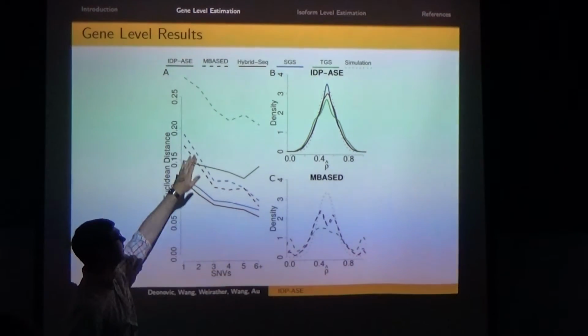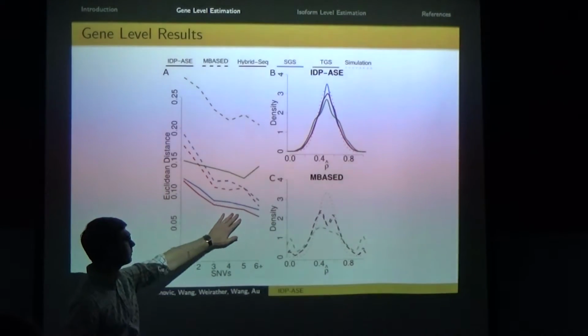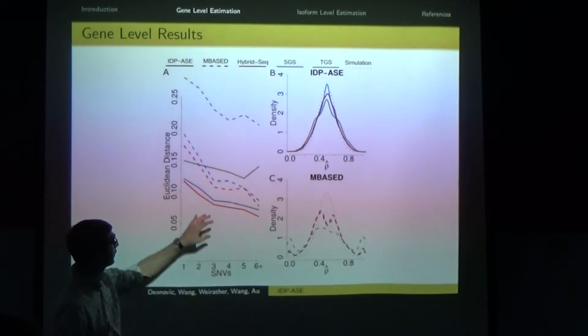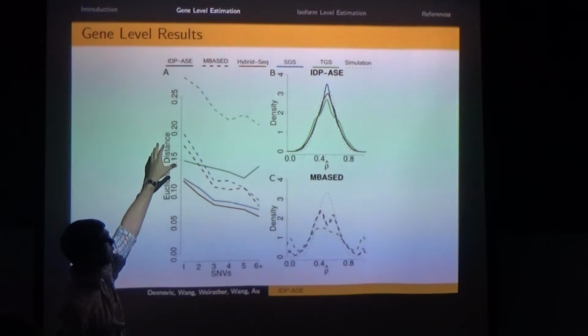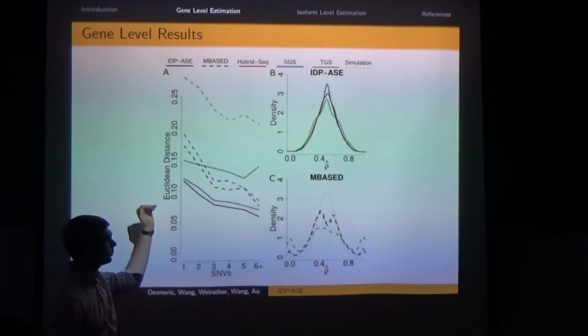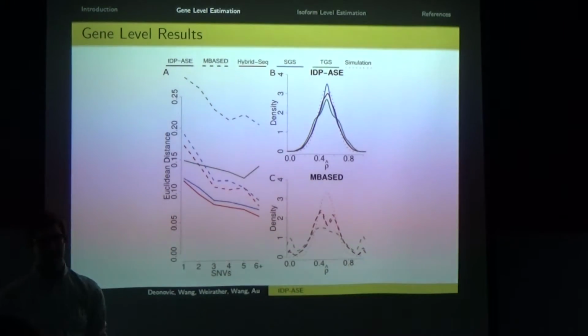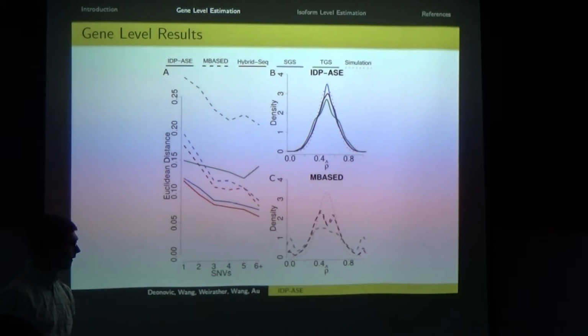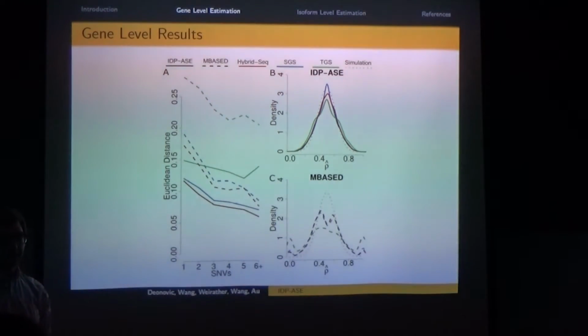Next, we see that hybrid sequencing, again, gives us the best performance for estimating rho versus short read only or even long read only. Long read only here has the worst performance of them all, indicating, as I've said earlier, that long reads are not appropriate for estimating ASE on their own.